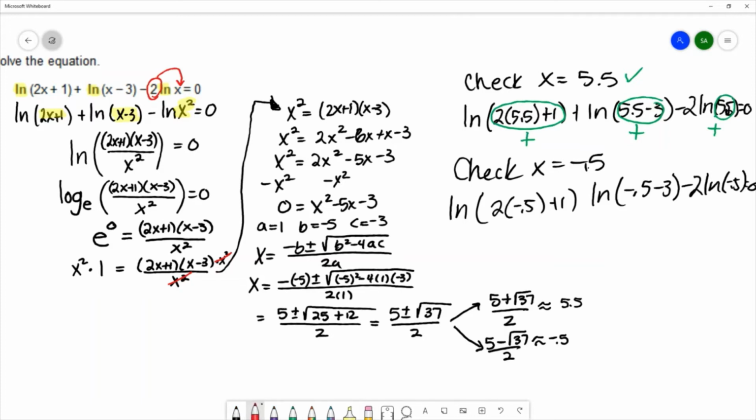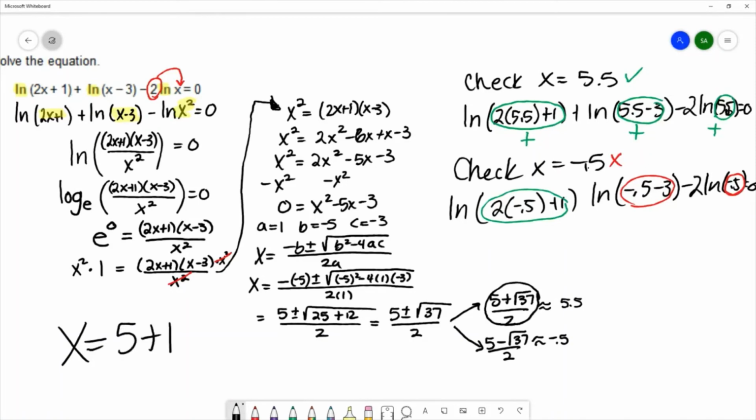So we get a negative on this log and a negative on this log. I believe this one is positive. But if you have the log of any negative, that is undefined, and so we're going to have to throw away that answer. So the only solution to this equation is 5 plus square root of 37 over 2.